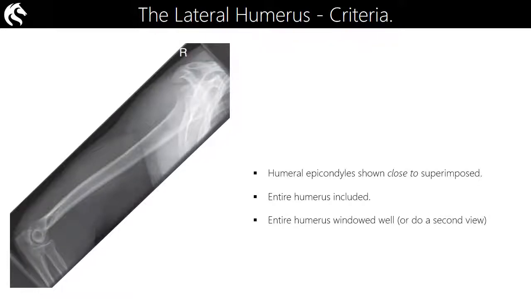Here's a nicely performed lateral humerus, and we can see that the humeral epicondyles are close to superimposed. Because of the divergent ray and the fact that we're centered on the midshaft of the humerus, it's often the case that the humeral epicondyles won't be completely superimposed, and that's entirely fine.